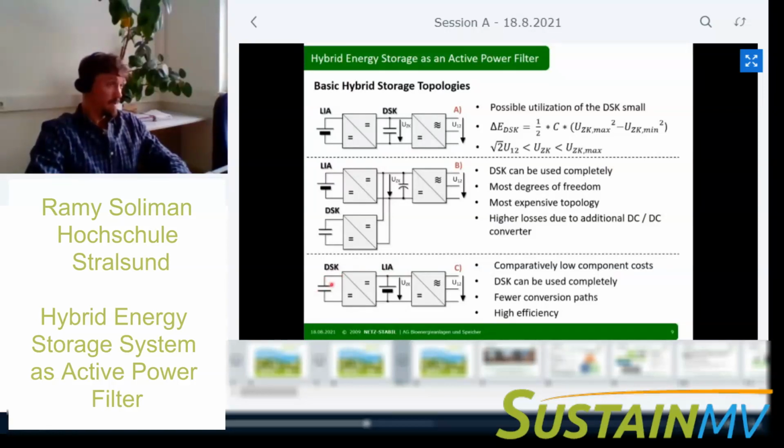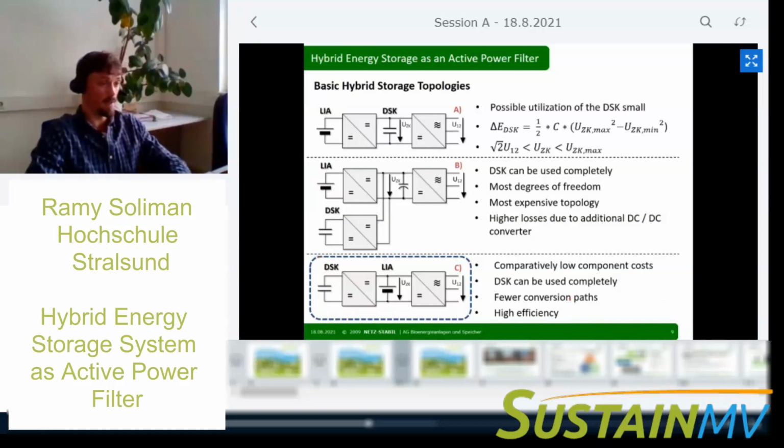And we have fewer conversion parts compared to B, and therefore it's not as costly as version B, and we are expecting higher efficiency due to fewer conversion paths. So we are going with this example for our prototype.